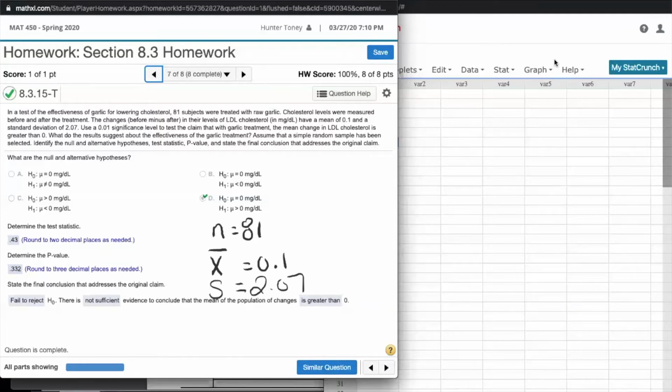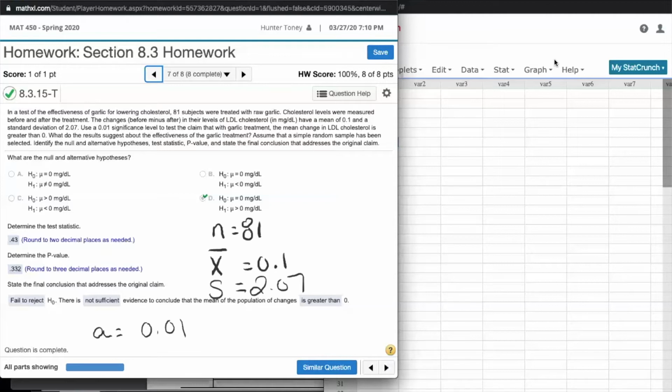So they also tell us that our significance, or our alpha, is going to be 0.01, which we'll use later to create our conclusions. So for now, we do have to use this information.